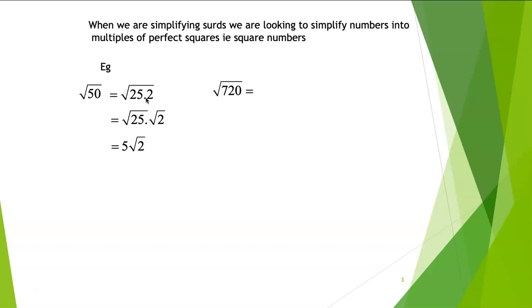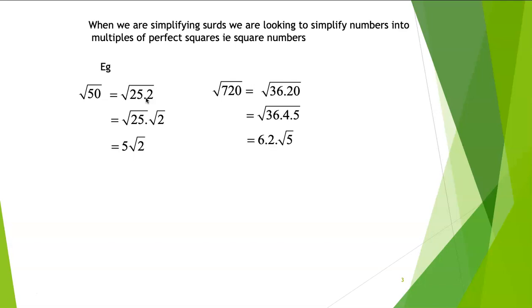Now square root of 720. You need to look for the square number that is a factor of 720. So 36 times 20 gives me 720. 36 is a square number and its root is 6, and 20 can be written as 4 times 5. So 4 is another square number.